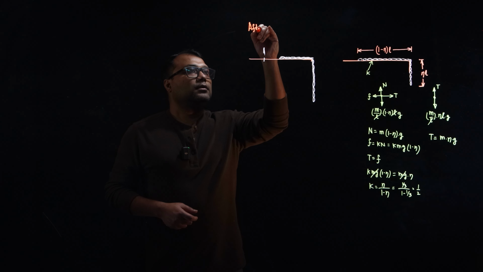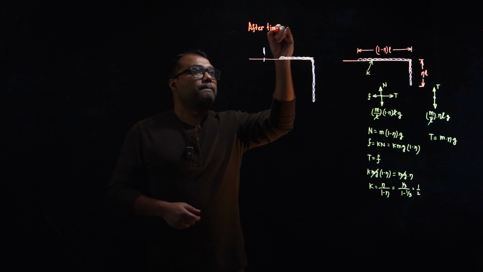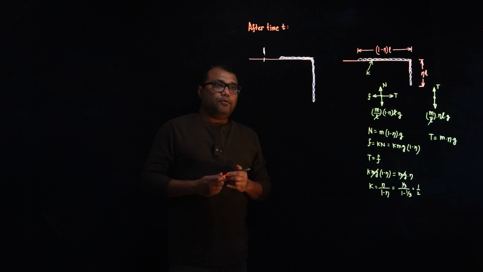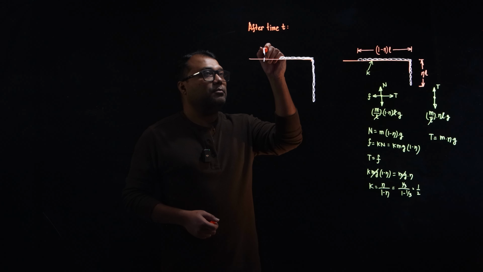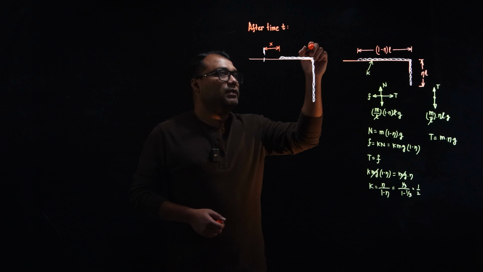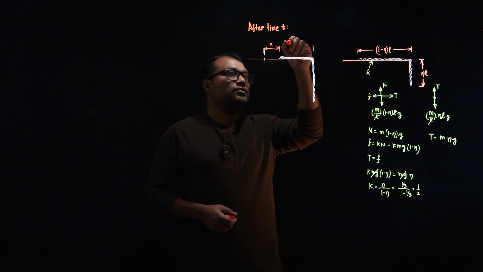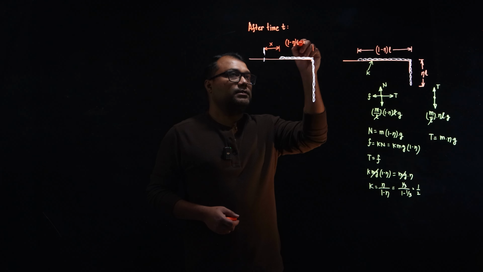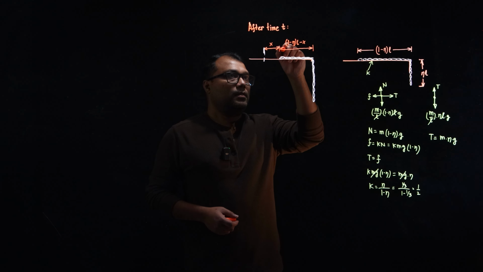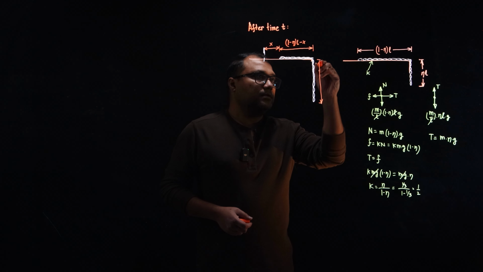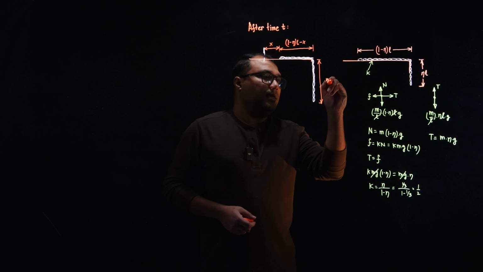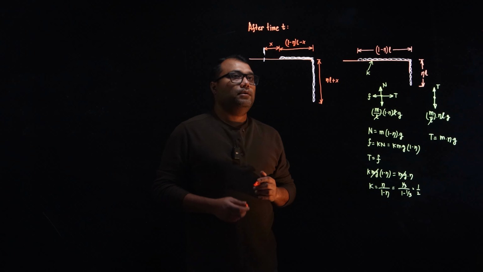After time t, let's say the chain has slid by a distance x. So what is this distance then? This is 1 minus eta, times L, minus x. And what is this length? This is eta L plus x.